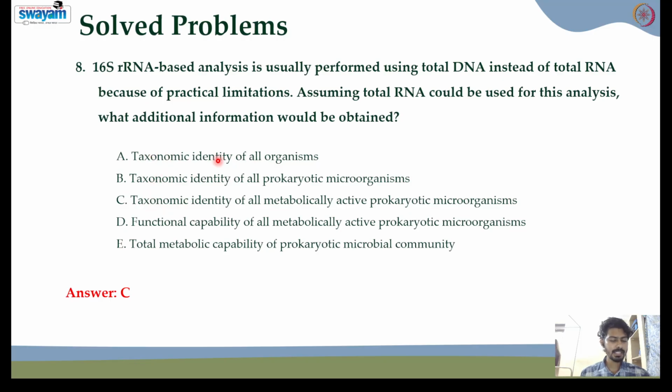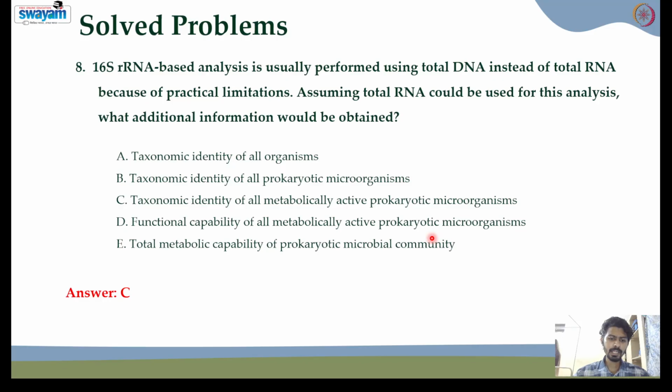So it is a general state. Whereas in option B, taxonomic identity of all the prokaryotic microorganisms, this is also a primary use of 16S rRNA, especially with prokaryotic microorganisms. Whereas if you see option D, functional capability of all metabolically active prokaryotic microorganisms, here it doesn't provide any functional information.